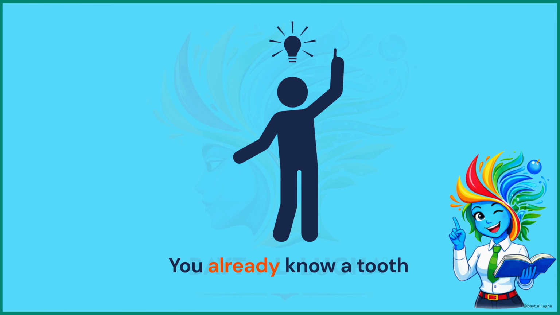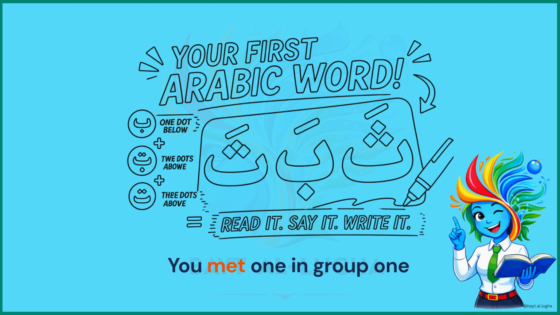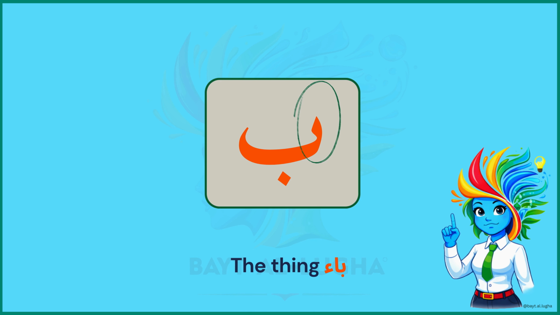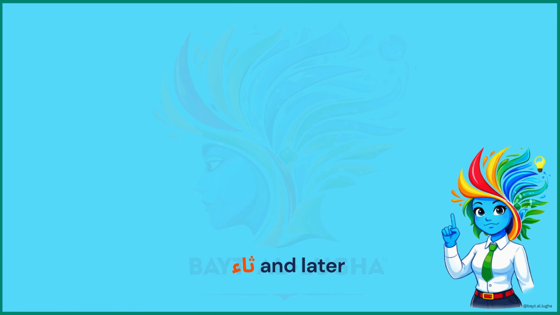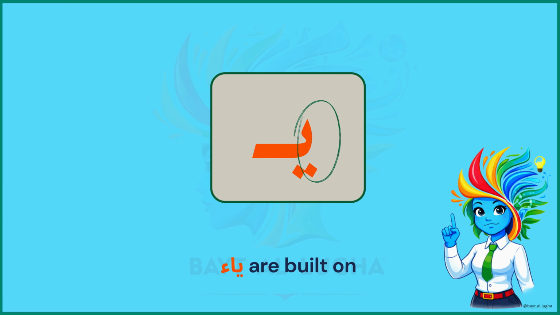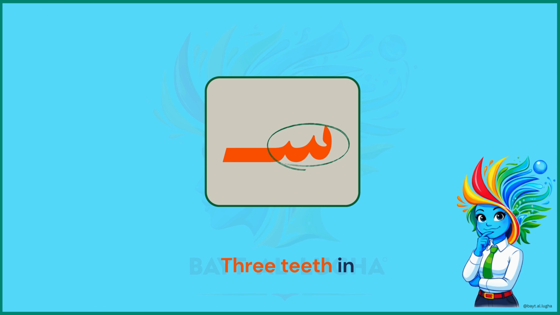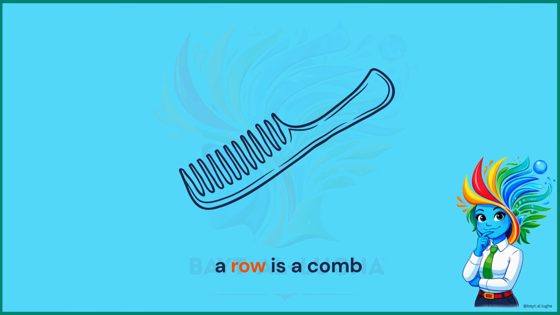You already know a tooth. You met one in group 1. The little upward bump sitting on the line. The thing ba and ta and tha and later noon and ya are built on. One tooth is a bump. 3 teeth in a row is a comb.